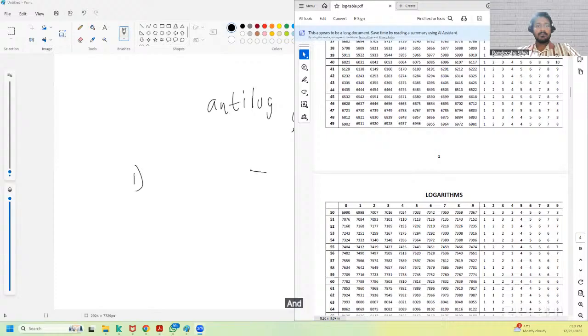And the fifth one is you have to place the decimal point. So write down the fifth one: place the decimal point.